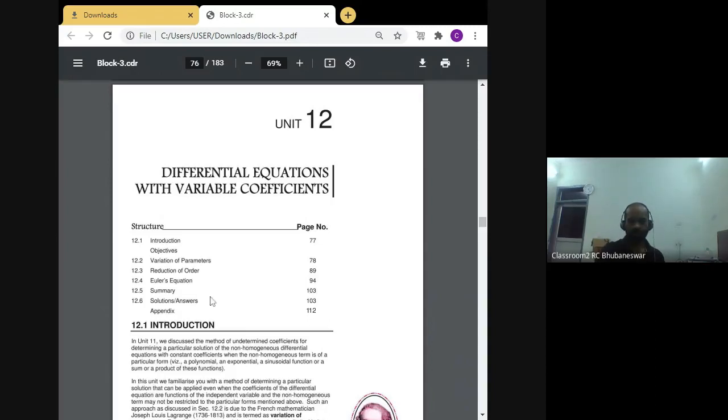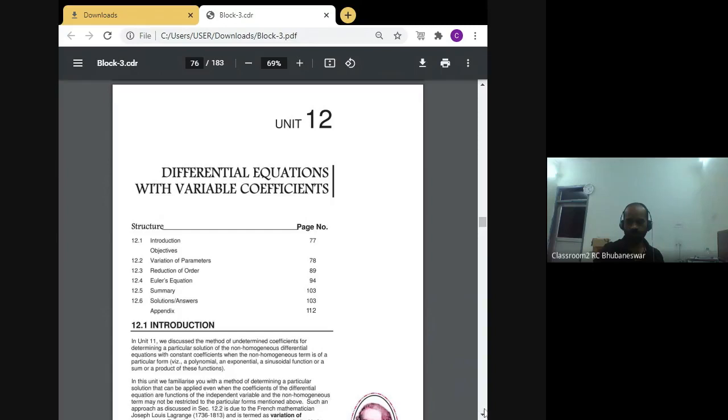And finally, in 12.4, we are going to discuss Euler's method. That means how we can solve Euler's differential equation of second and higher orders. So now let us begin with the variation of parameter method.